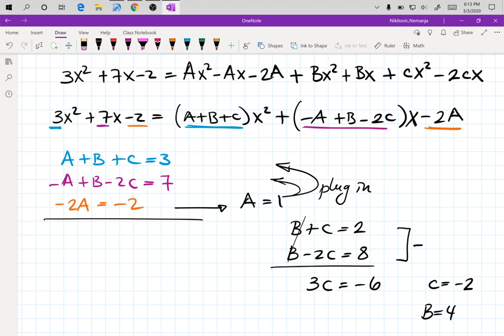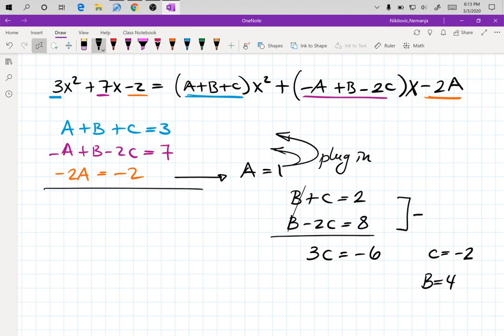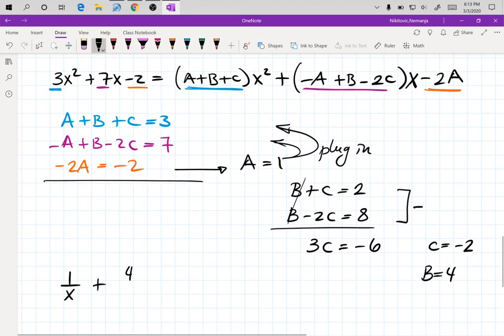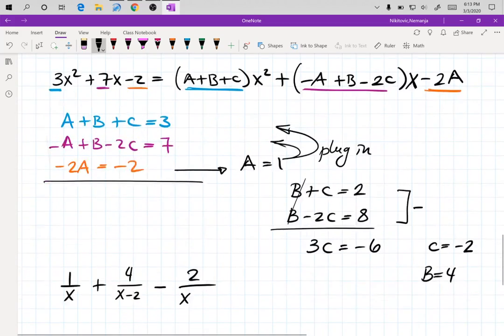We're done. That's it. We have a over x, so that's 1 over x, plus b is 4 over x minus 2, and then minus 2 over x plus 1.